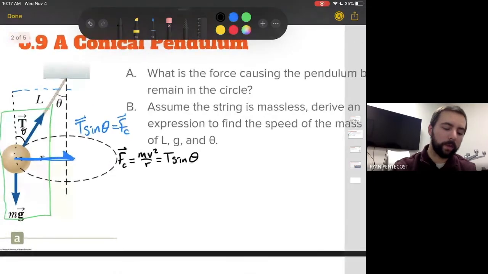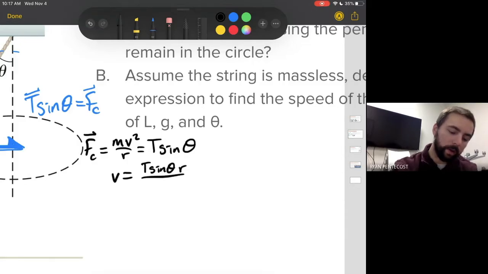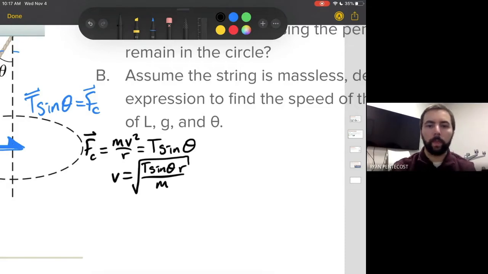in the x direction. So we've got F equals ma, F is T sine theta. So let's solve for v. V would equal, let's multiply the r over, T sine theta times r divided by the mass, all under a square root.